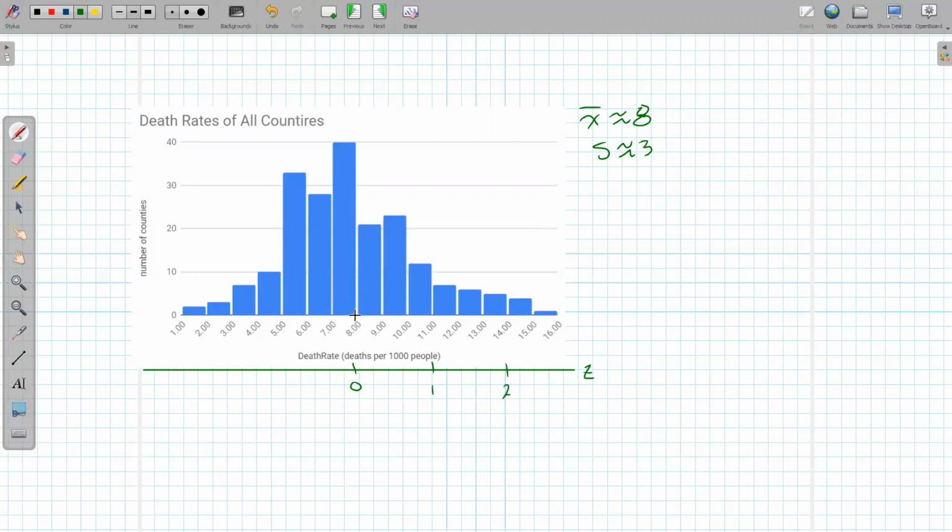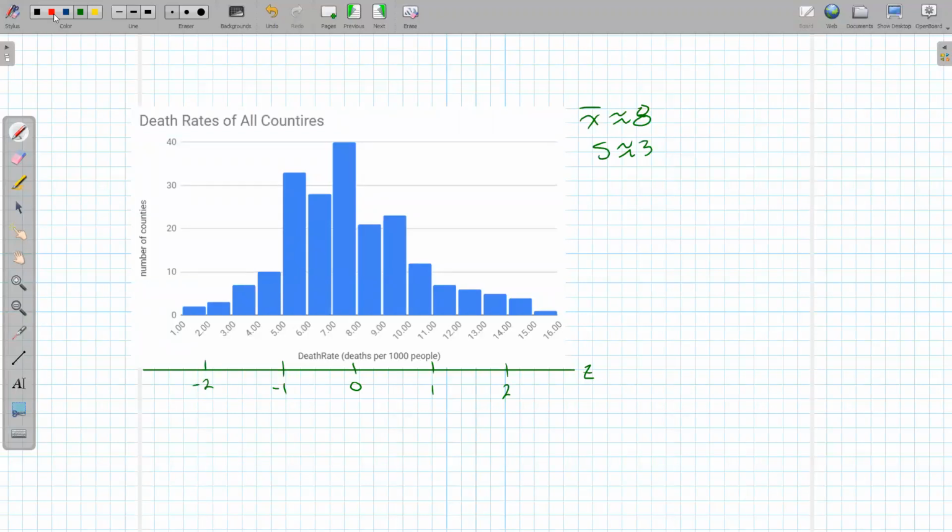Going the other way, 5 deaths per 1,000 would be about -1, and then 2 would be about -2 for the z-score.